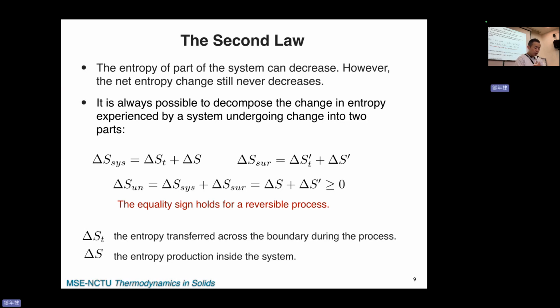The second law says that the entropy of part of the system can decrease, however the overall net entropy will always go up.